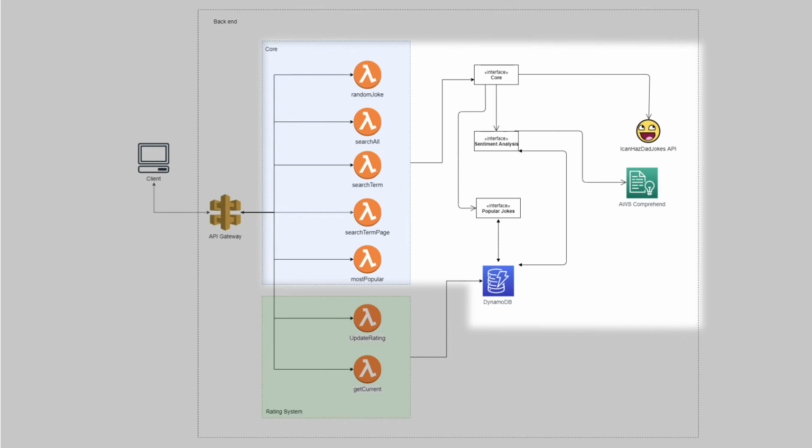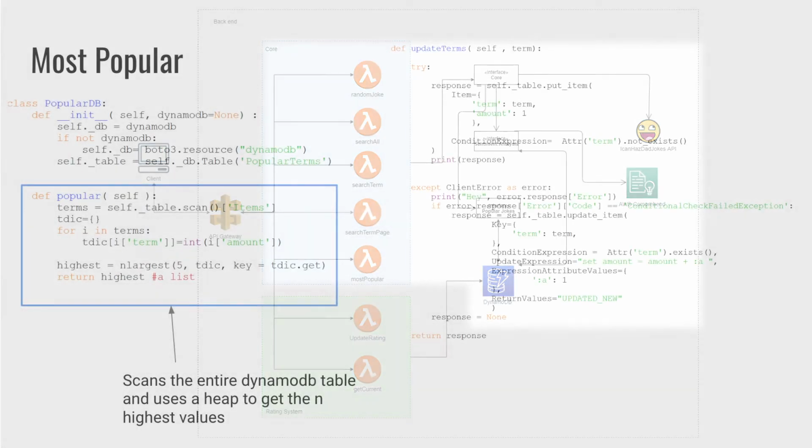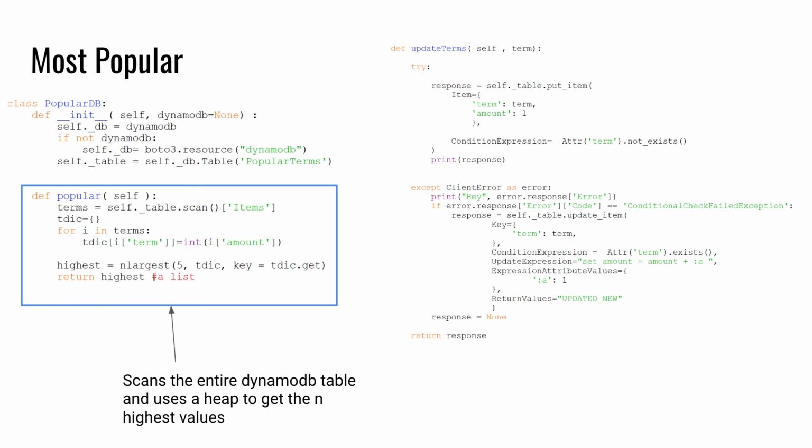When the users search for a joke, we are keeping track of the search terms. We are binding the handlers to get and post methods using a serverless framework.